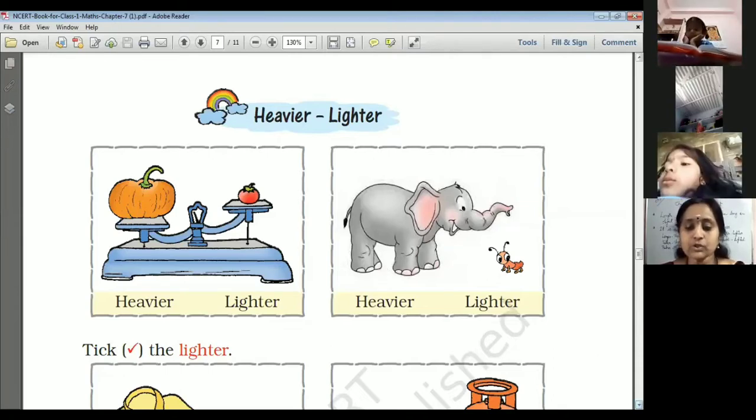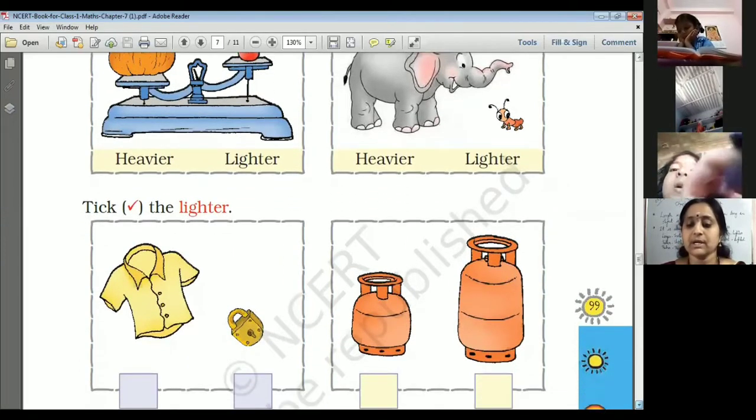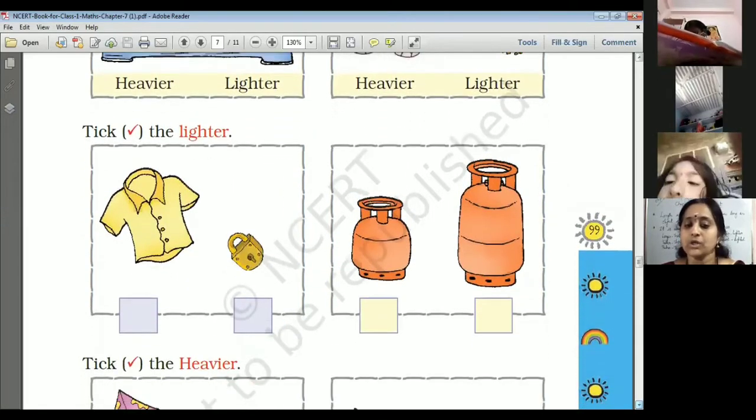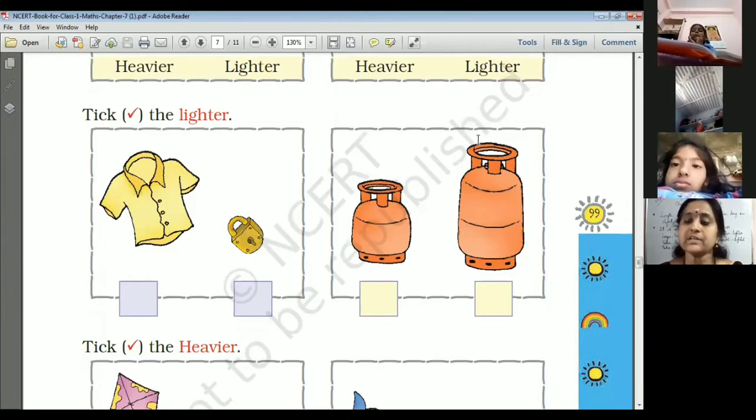Now we are going to pick the lighter objects from the given objects. Here we have a shirt and a lock. In these two, which one is lighter? Shirt or lock?